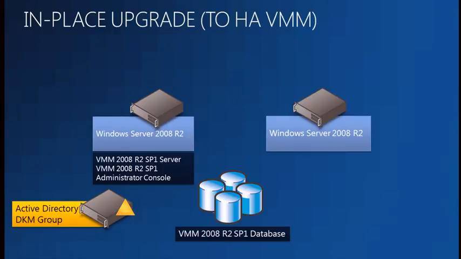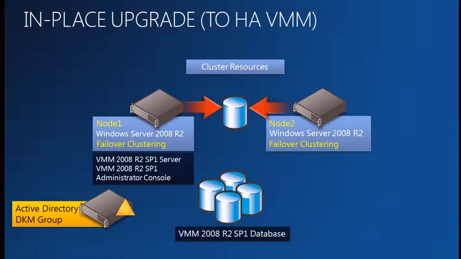Then you bring a new server into your environment, again with the same operating system because you will be doing clustering between them. You install all your VMM 2012 prerequisites on both boxes, and then you set up clustering between these two boxes by creating a cluster resource. Once your clustering is done, you can simply do an in-place upgrade by using your VMM 2012 media onto box number 1, where you are already running 2008 R2 SP1.